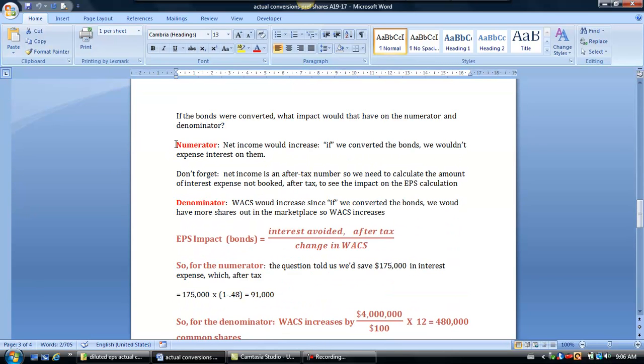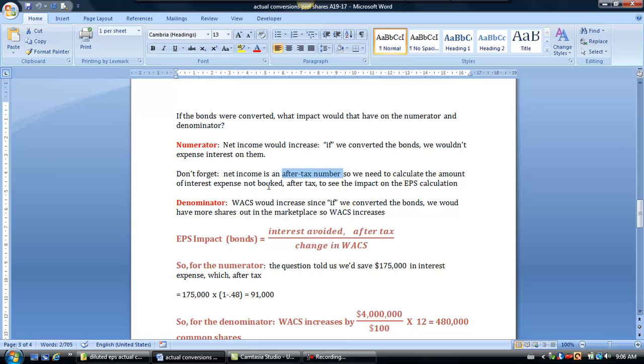Well, in the numerator of your EPS calculation, your net income would increase if we converted the bonds because we wouldn't have any interest expense booked on them. And don't forget, because our earnings available to common is based on net income, we're looking to calculate the after-tax interest expense that would have been avoided.